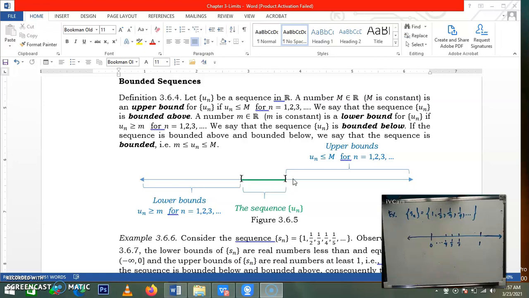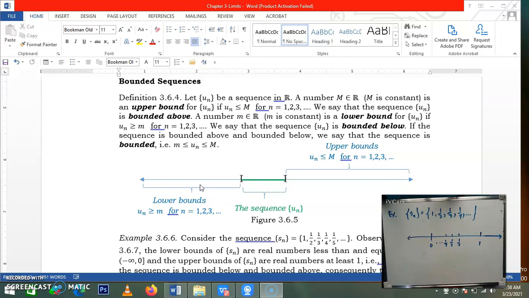It could be equal to the sequence or greater than that number. So this is what we call the upper bounds of the sequence. It means if the sequence has an upper bound, the sequence is bounded above.